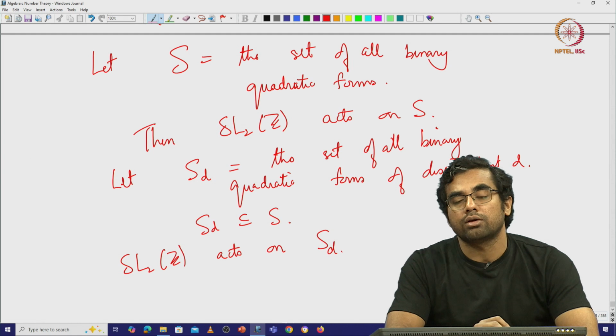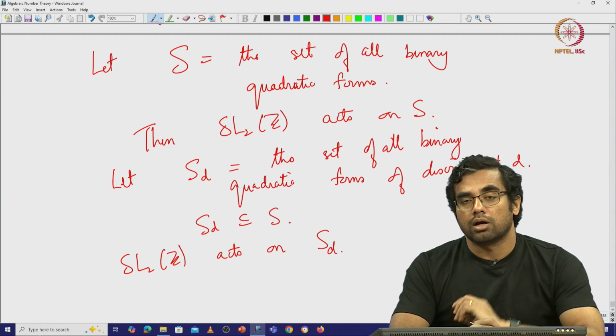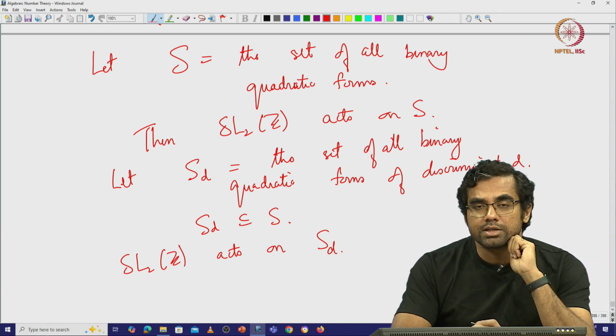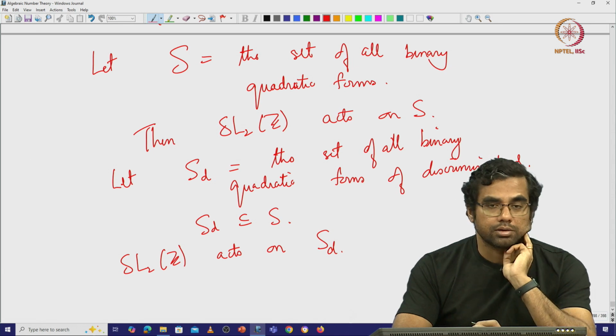Not only does it act on S, it also acts on SD, because if you take a binary quadratic form and act by some element of SL2Z, you get a binary quadratic form of the same discriminant.